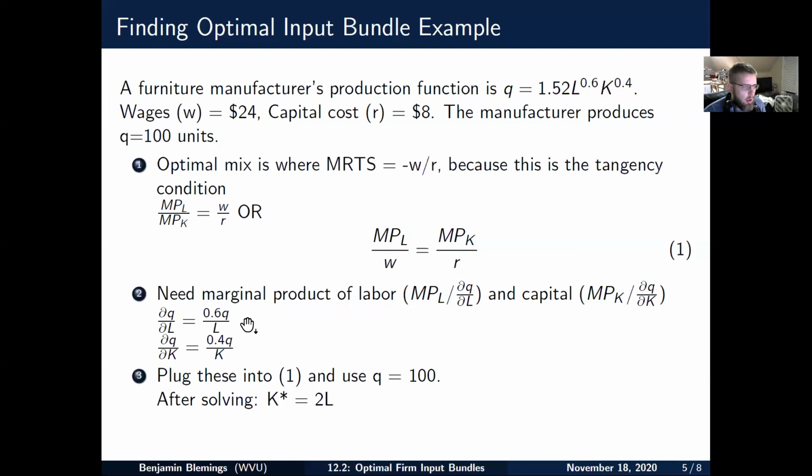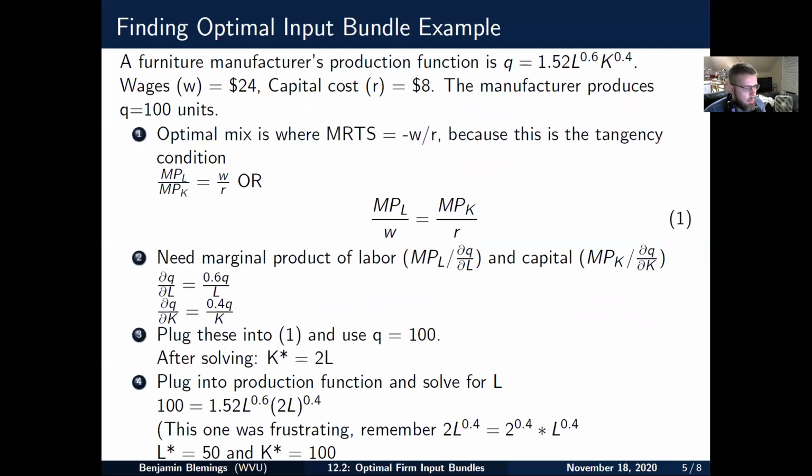And we know that this Q here, the firm is aiming to produce 100. So we just plug in 100 for Q and solve. And after solving, we get the optimal K star is 2L. So we'll have twice as much capital as labor.